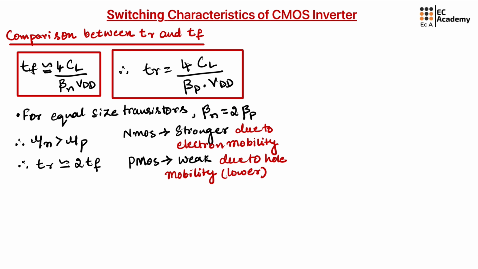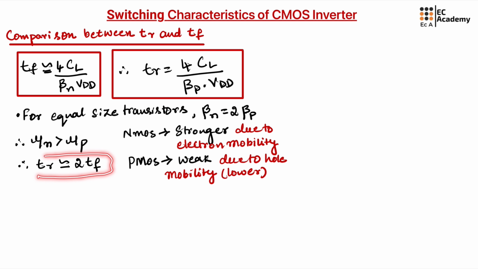So you need to remember, electron mobility is greater than hole mobility. That's why NMOS is stronger compared to PMOS. Therefore, rise time will be normally greater than fall time.